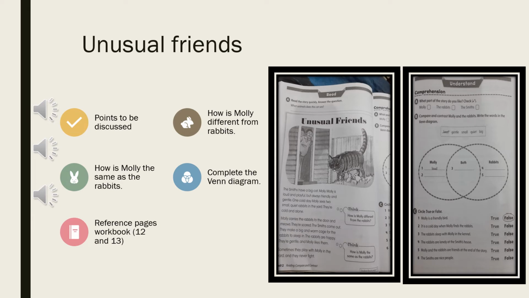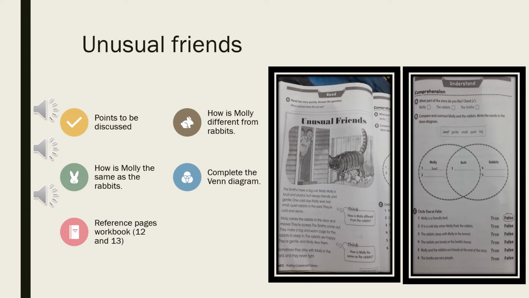So Molly carries the rabbits to the door and says meow. When they heard the sound of a meow, they are a bit scared. The Smiths came out and they made a big cage for the rabbits to sleep in. Rabbits are happy now, they are gentle as well, and Molly likes them too. Sometimes they play with each other and they never fight with each other. So this was the whole story.